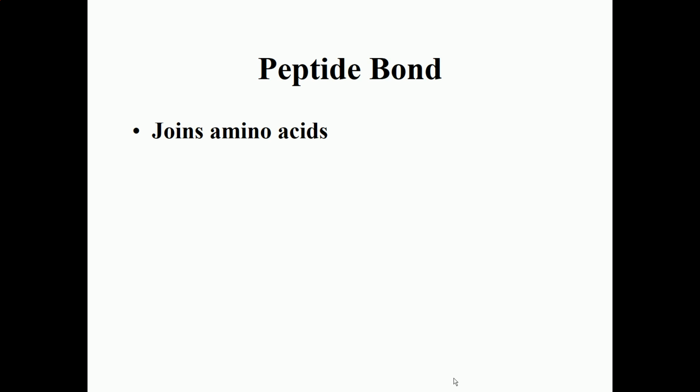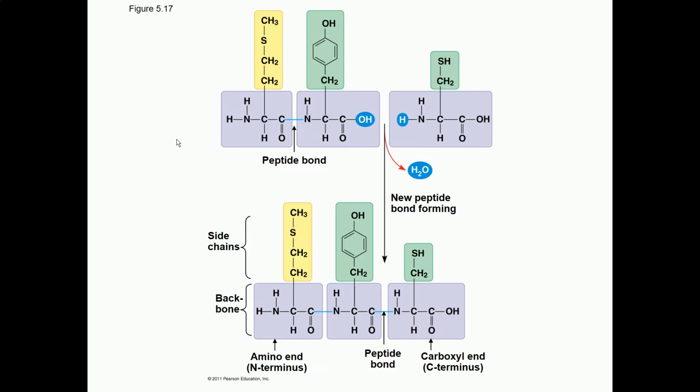It's very important in a polymer for all the monomers to link with each other, otherwise they cannot form a polymer. So in proteins, these amino acids are linked with each other and they form a bond which is called a peptide bond.